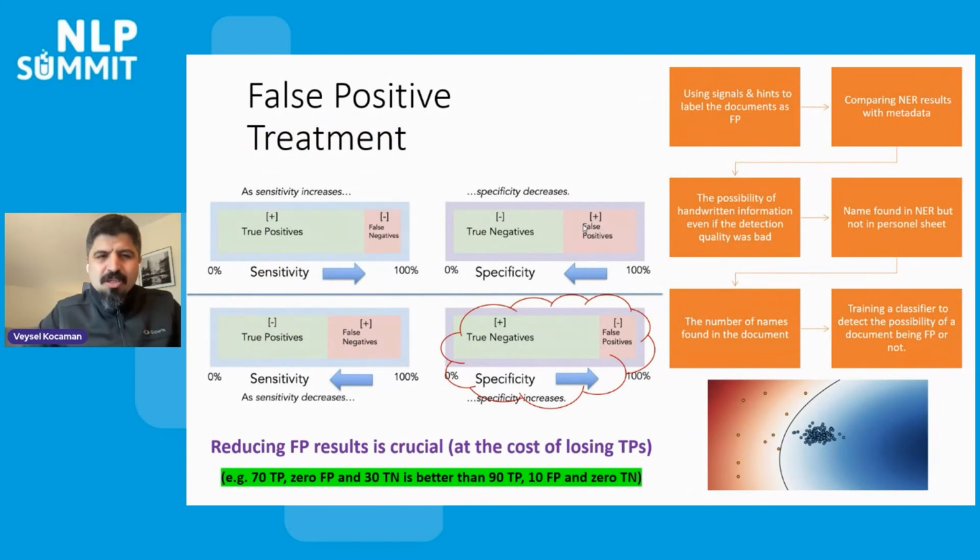So the main challenge for us in this project was how to reduce the false positives. Reducing false positives is highly crucial when it comes to clinical trial documents, even at the cost of losing true positives.